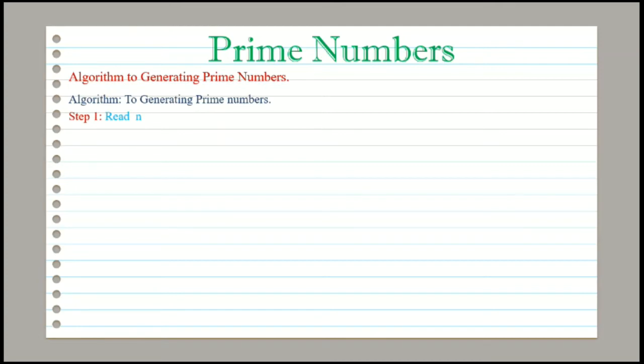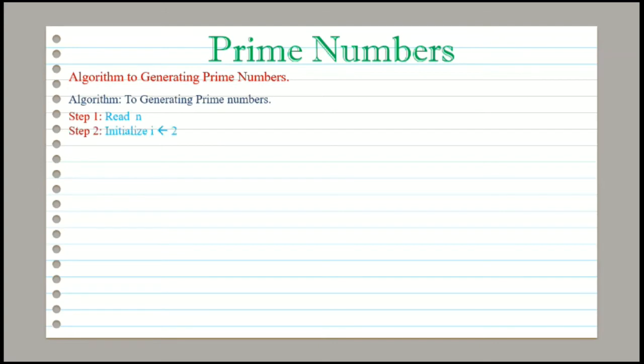So suppose the value of n is 20, then we will find the prime numbers which are present between 1 to 20.